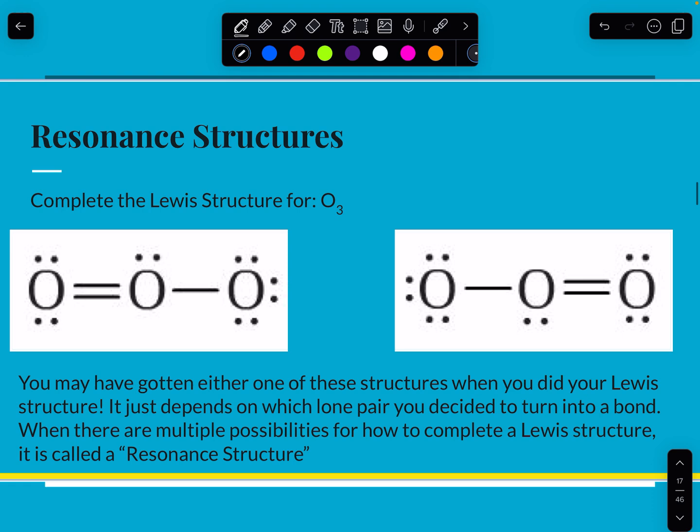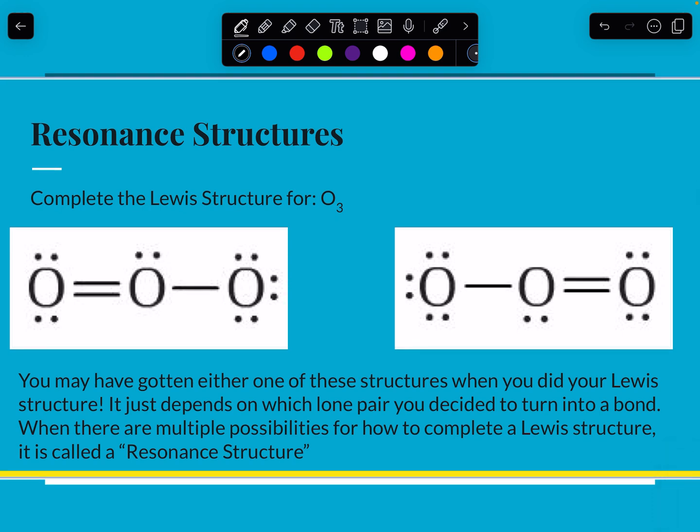Final note is just a vocabulary word to be aware of. It's not something that we will be focusing on this class, but I just want you to recognize, if you continue to take chemistry later on, that you have the possibility to notice that you have these two structures that look pretty much the same. They just look like mirror images of each other. Right, the double bond and where it's positioned.